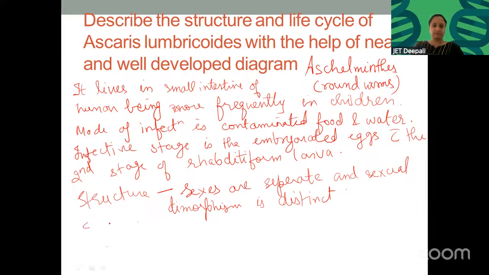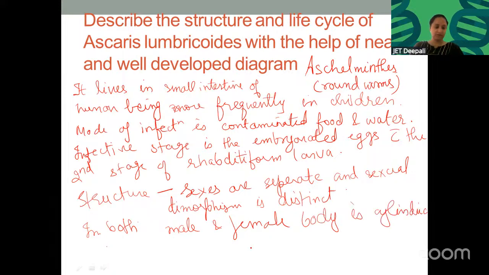In both male and female, the body is cylindrical. Okay. The mouth is present at the extreme anterior end and is surrounded by three chitinous lips.